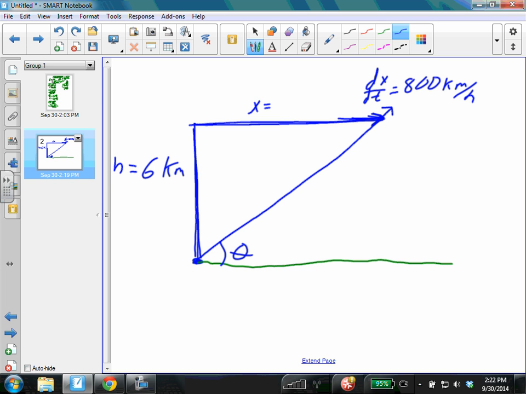But lucky for us, this angle right here and this angle up top are equal to one another, because if you're a keen observer, you'll notice that the ground and the flight path of the airplane are two parallel lines.